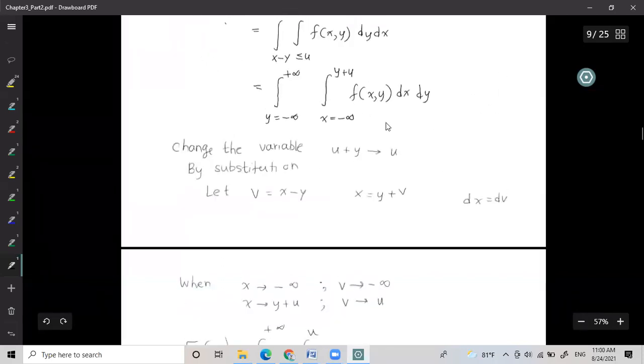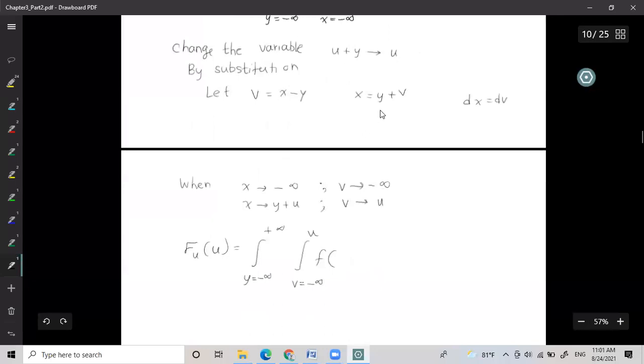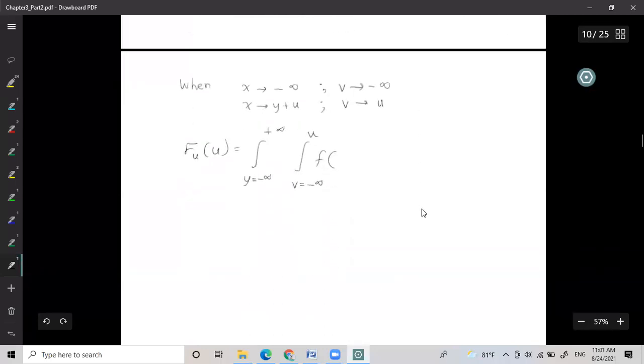We have x minus y, but our x is now y plus v, so we replace x with y plus v, and y will be there as it is. Our dx will change to dv, and the outside dy will be as it is. So we are almost done.